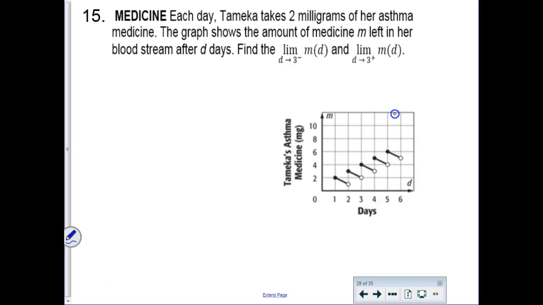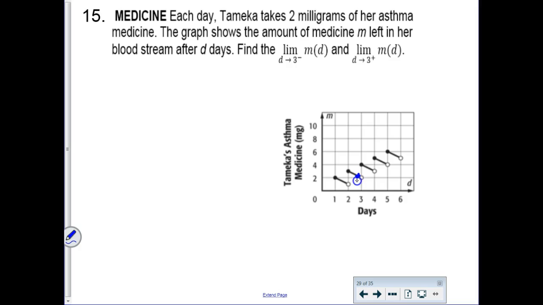So, Tamika is taking 2 milligrams of her asthma medicine, and the graph shows the amount of medicine M left in her bloodstream after D number of days. So, find the limit as D approaches 3 on the negative side, so meaning before it hits 3, and then 3 on the plus side, so after it hits 3. So, look at this graph, guys. Here's 3.